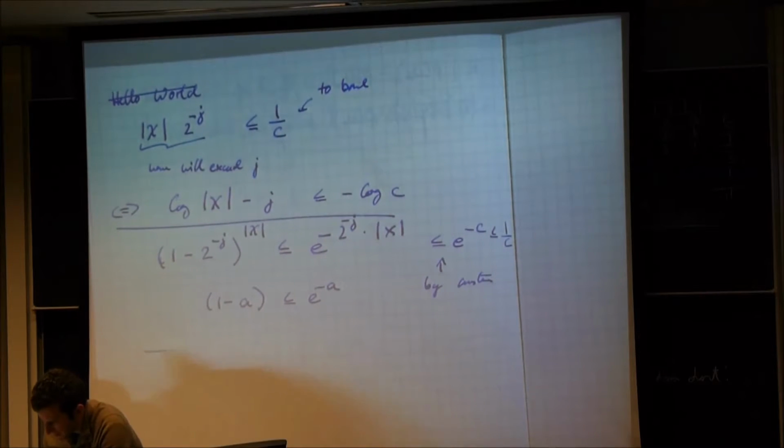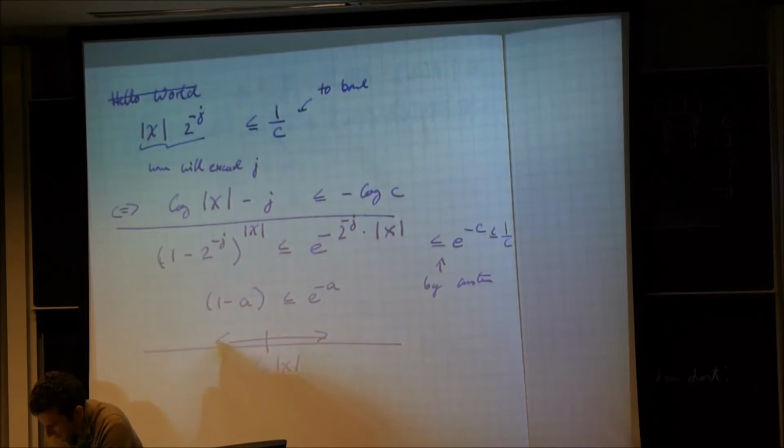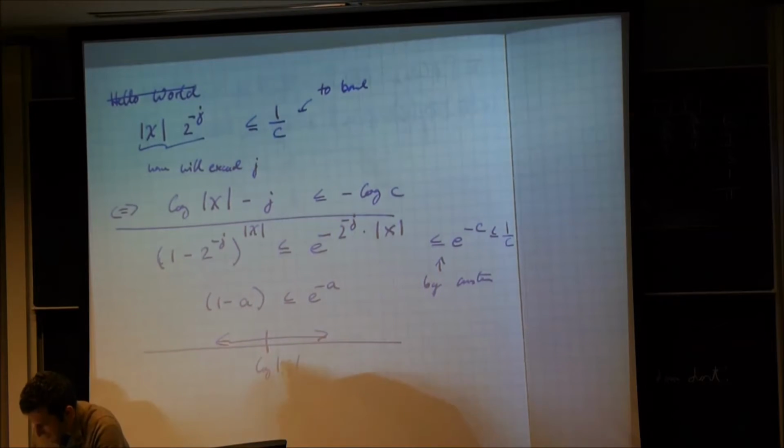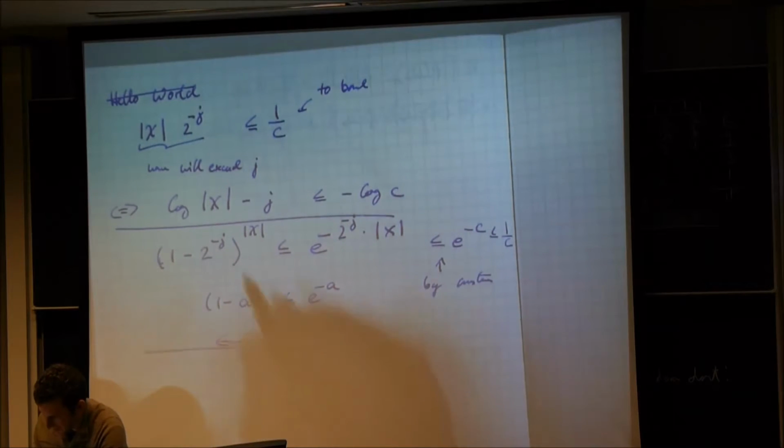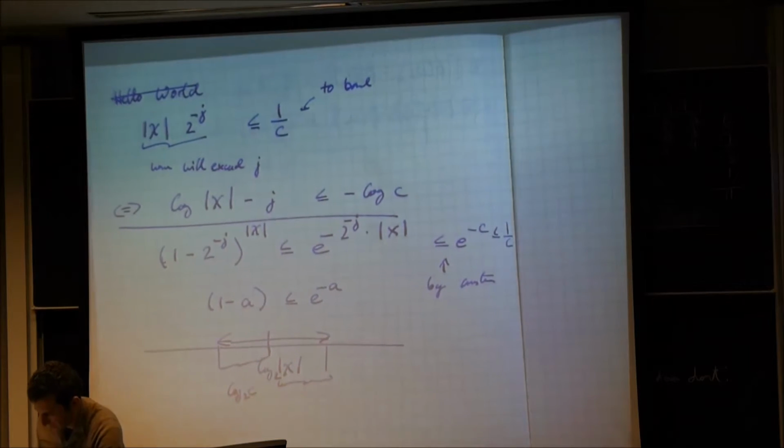So basically, if here's log x, then we know that with probability at most 1 over c on either side, it's not going to deviate from the estimate by more than log c. Okay.